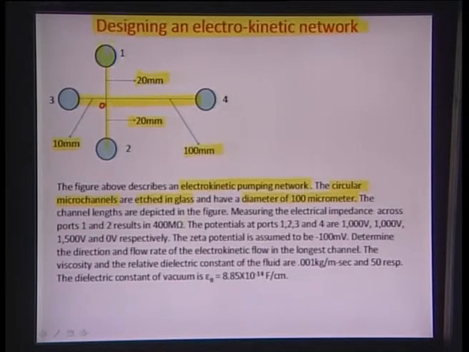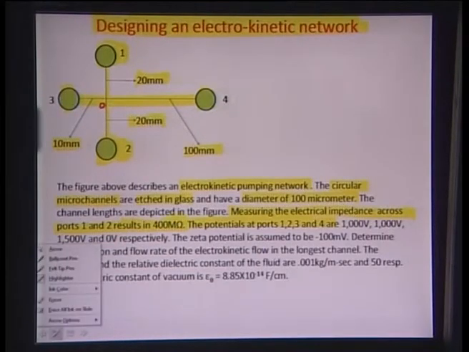These essentially are the reservoirs 1, 2, 3 and 4, and we have the following measurements. If we measure the electrical impedance across ports 1 and 2, that means this port right here and this port right here, it results in 400 mega ohms of resistance, and the potentials at ports 1, 2, 3, 4 are respectively 1000 volts, 1500 volts and 0 volts.